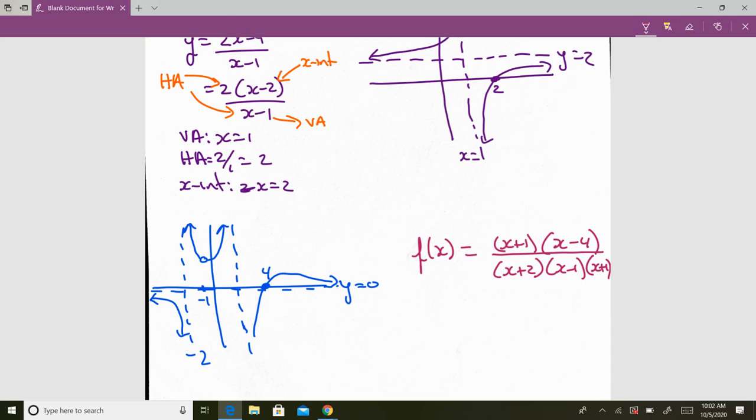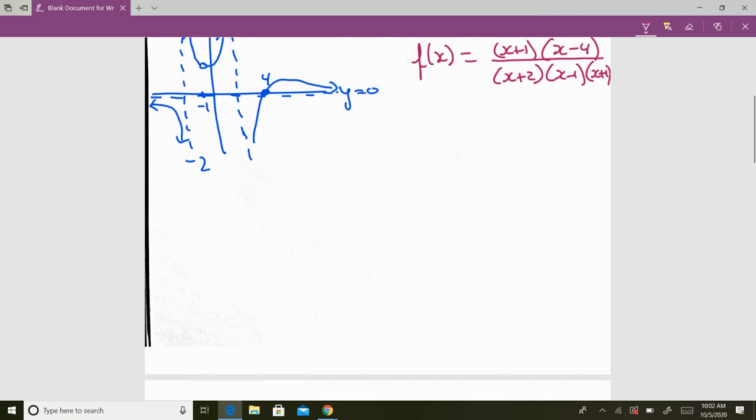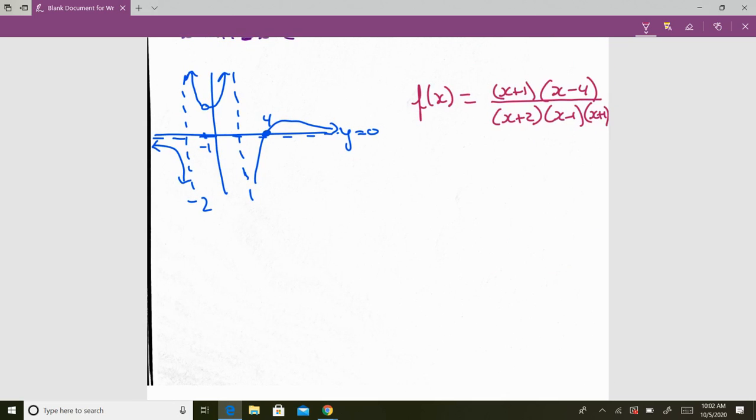I'm gonna do one more, and then we're done. Are there any questions about that? X-intercepts go up top. PODs, you just got to have the same factor top and bottom so that they cancel. Vertical asymptotes go in the denominator. All right, let's do one more, and then we're done.